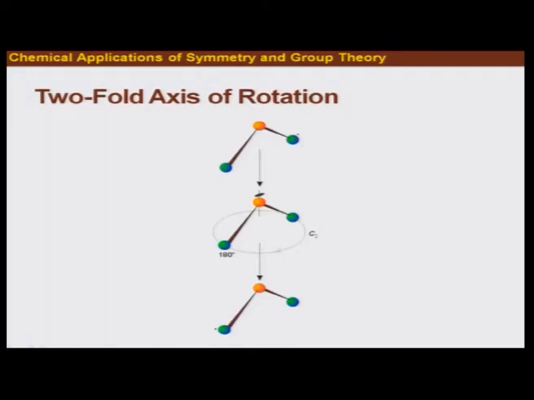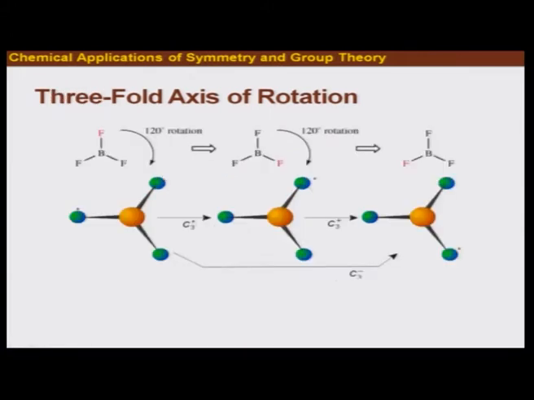If I have an axis which bisects the angle HOH, then we can rotate the molecule about that axis, it is given here. So this is that axis about which you can turn them. So you see we get an indistinguishable structure by a rotation of 180 degrees, and another rotation will end up having the same structure back. So this is an example of C2.